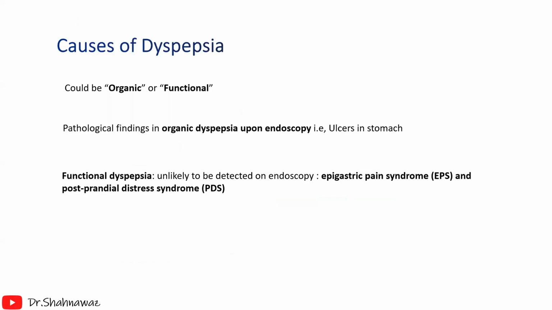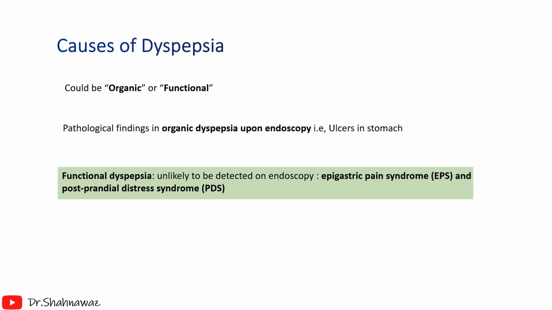And what could be the possible causes of dyspepsia? Actually, we have two causes of dyspepsia, organic or functional. When we do endoscopy and we see pathological findings, we name that an organic cause of dyspepsia, and it could be present due to gastritis and ulcers in the stomach. In functional dyspepsia, we don't see any pathological finding on endoscopy.